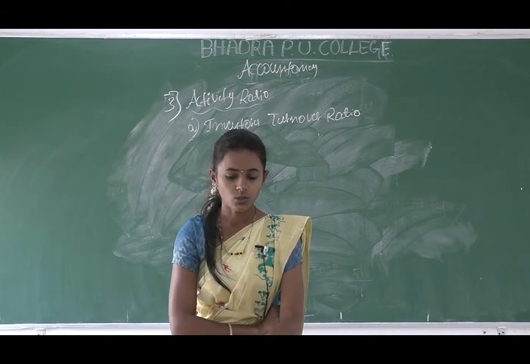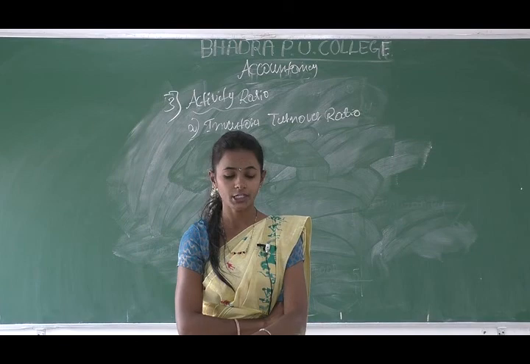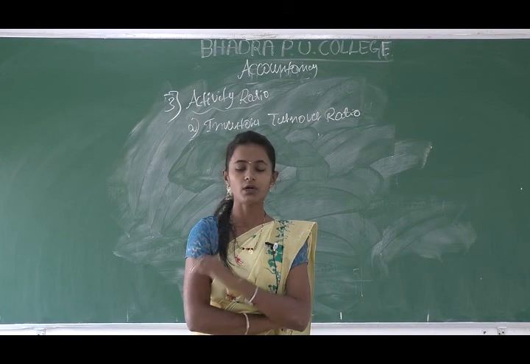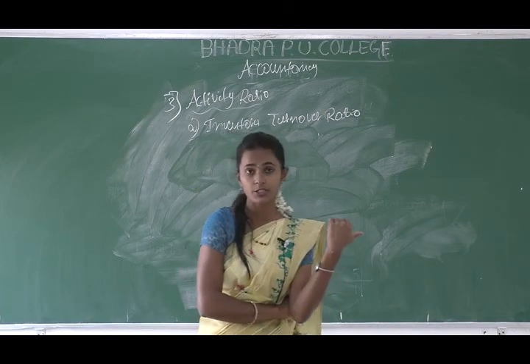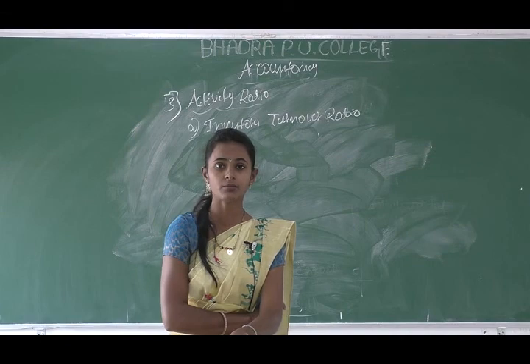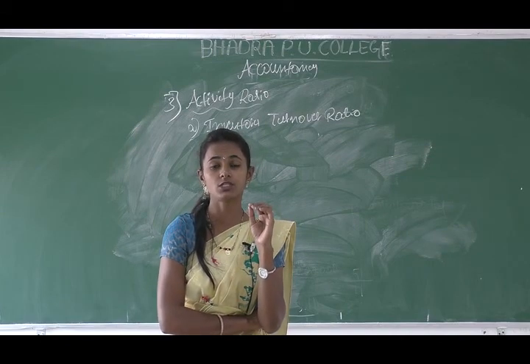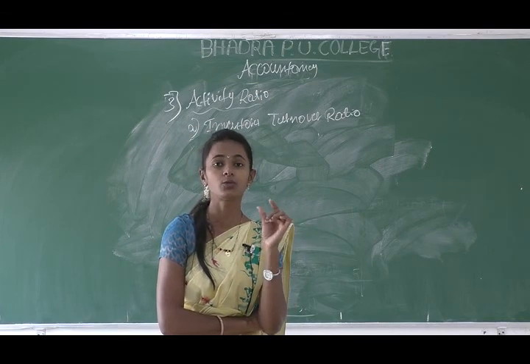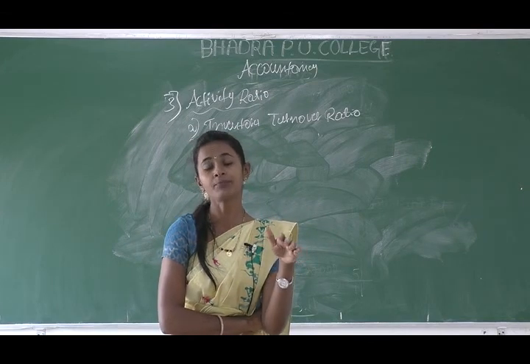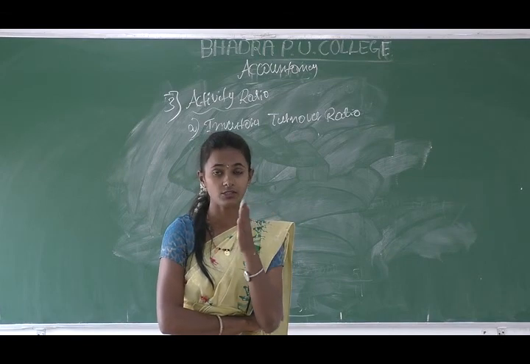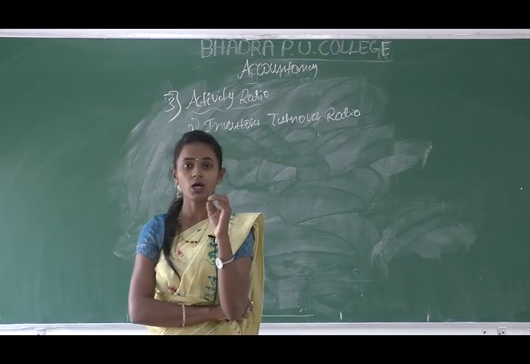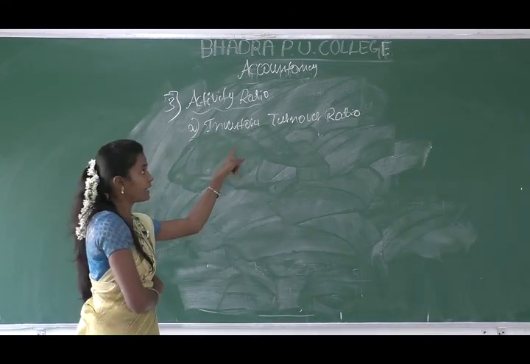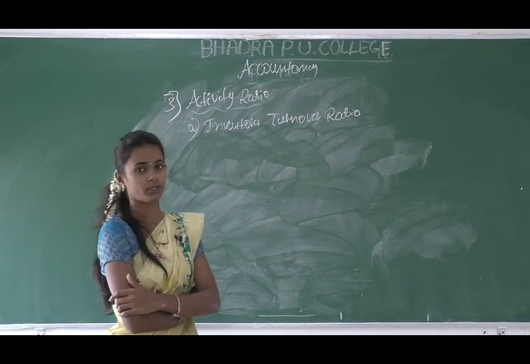Stock turnover ratio or inventory turnover ratio indicates the number of times the stock is turned over during a year. That is, how many times the stock has been turned over during a year, from April 1st to March 31st. The ratio that indicates this is the inventory turnover ratio, or stock turnover ratio.